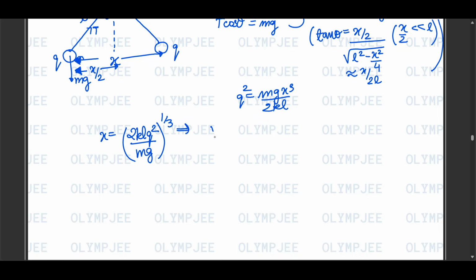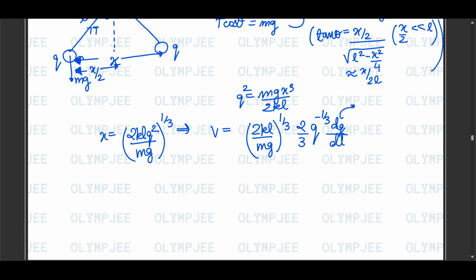So this will give us velocity is equal to 2kl by mg. This is constant, and q raised to power 2 by 3. So 2 by 3 q, 2 by 3 minus 1 is minus 1 by 3, dq by dt.